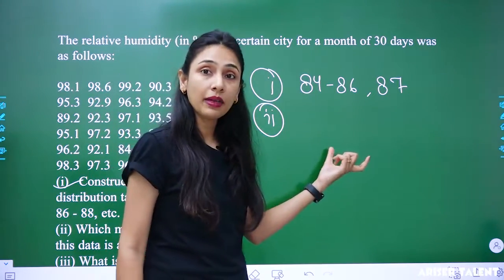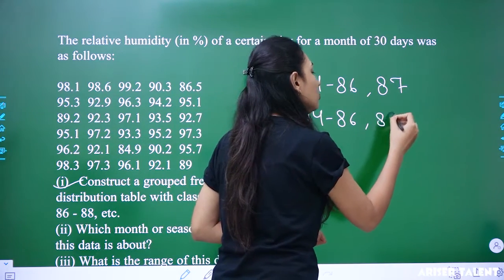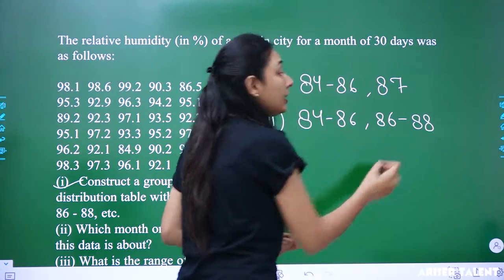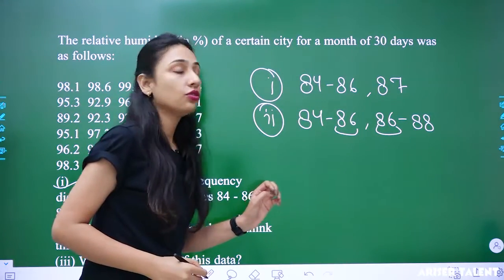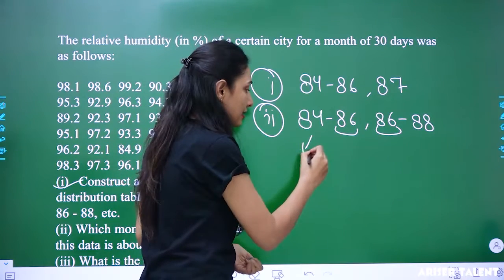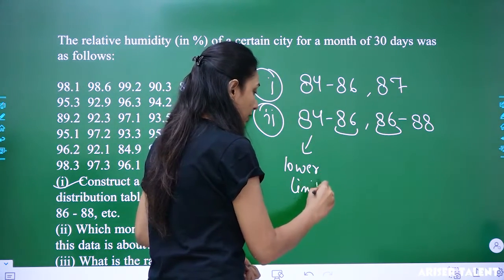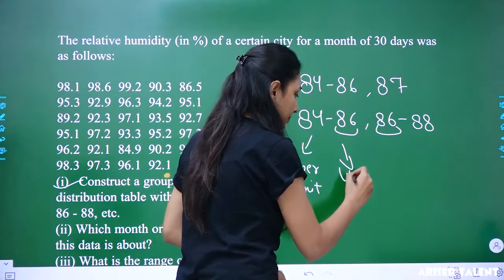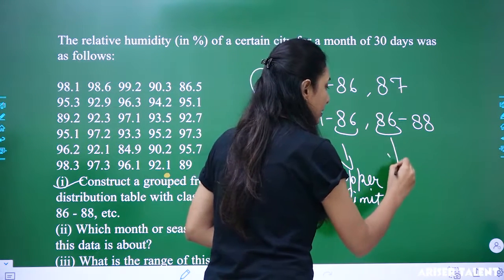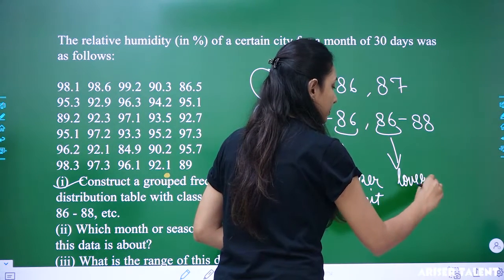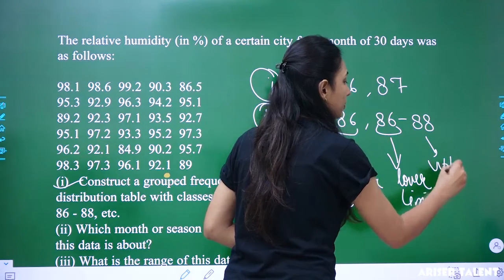Now, what is the second method like? It is more like 84 to 86 and then 86 to 88. Now here this 86 is repeating. In this case, this is the lower limit of the range, and this is the upper limit.